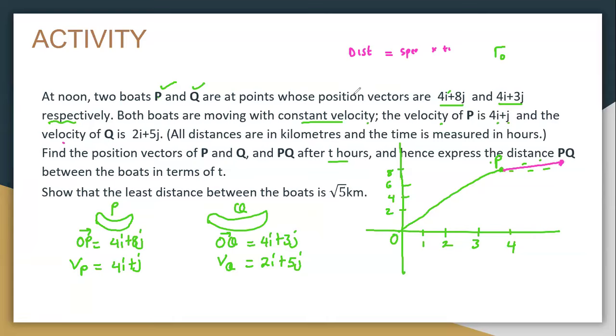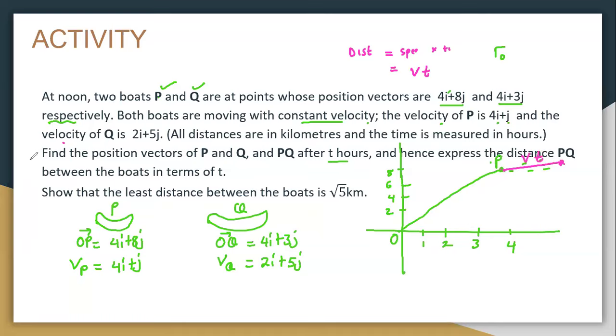But since here we are talking about displacement, we shall not use speed. Instead, we shall say velocity. And because they told us velocity is constant, in order to get its new displacement, we shall say velocity times the time. So to get the displacement from P up to where the particle is, this is the velocity times the time.